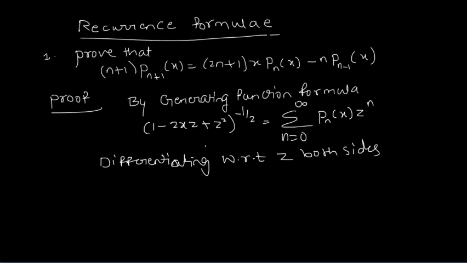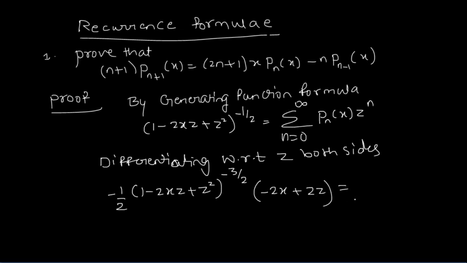So this is equal to, now differentiation of this is minus 1 by 2 into 1 minus 2xz plus z square raised to minus 3 by 2 into bracket, differentiation of this with respect to z, minus 2x plus 2z, which is equal to summation from n is equal to 0 to infinity.